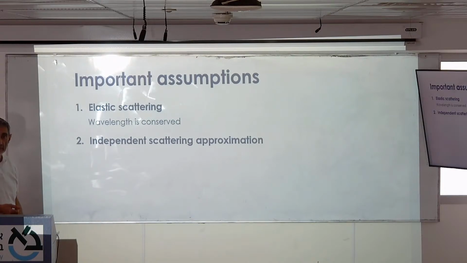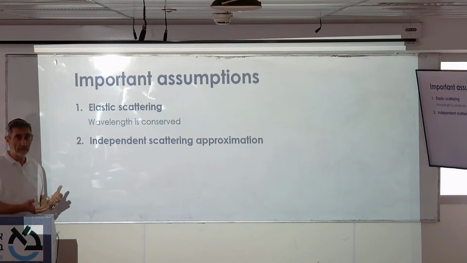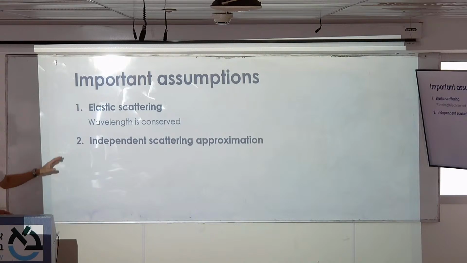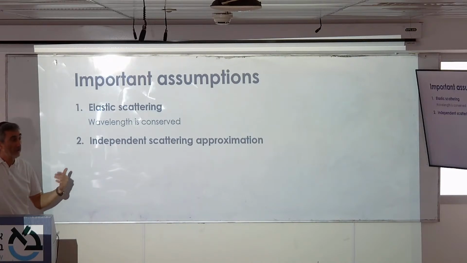So typically, what you assume is that the particles are far enough away, so as not to interact with each other. So that's the condition of independent scattering. In other words, the scattering can be described for one particle without accounting for the others.